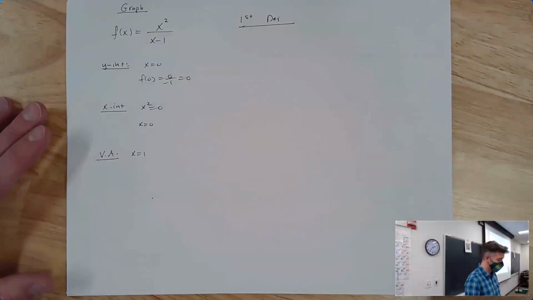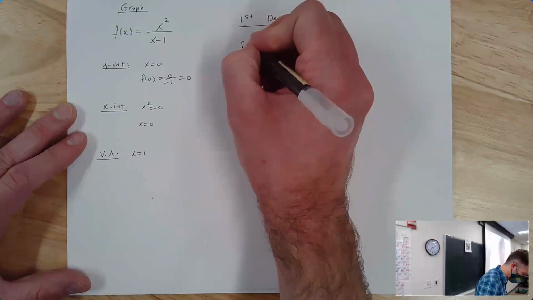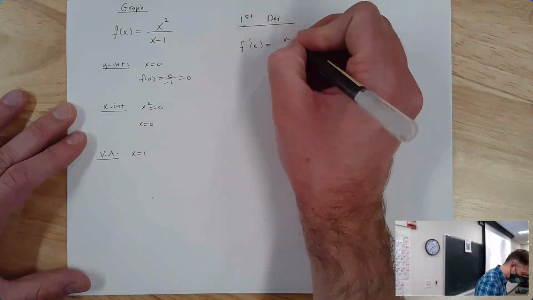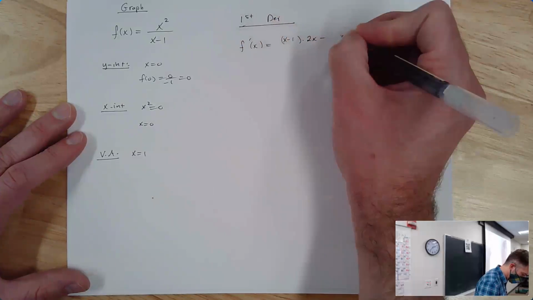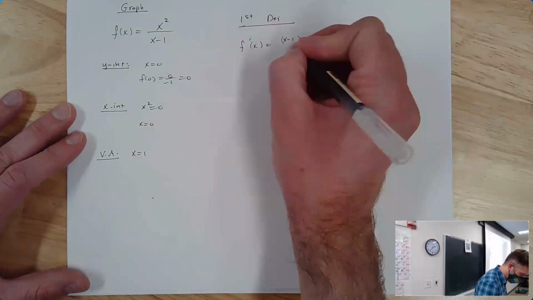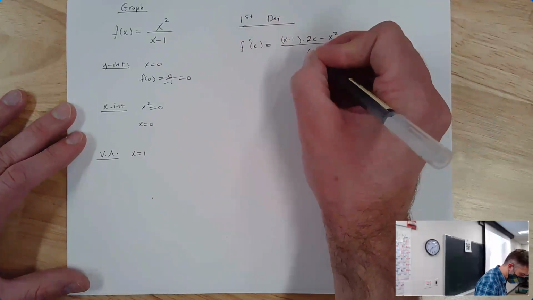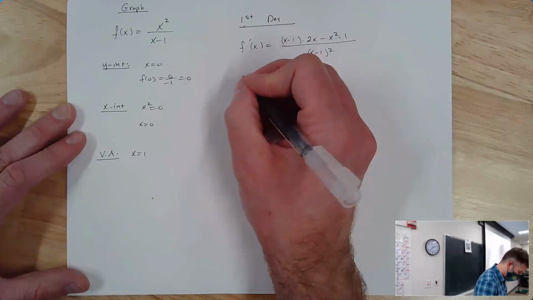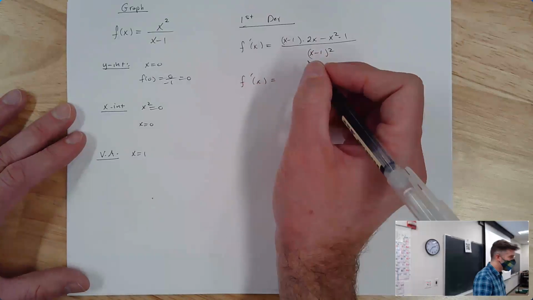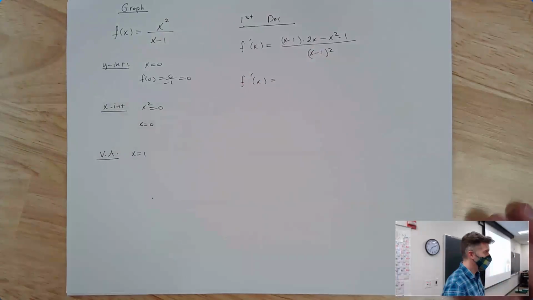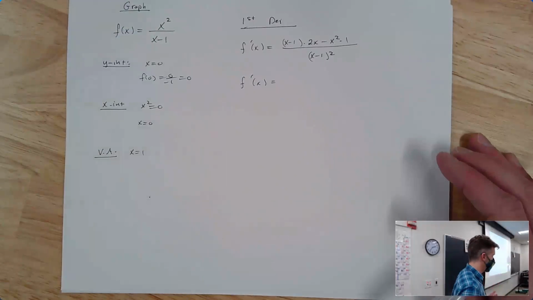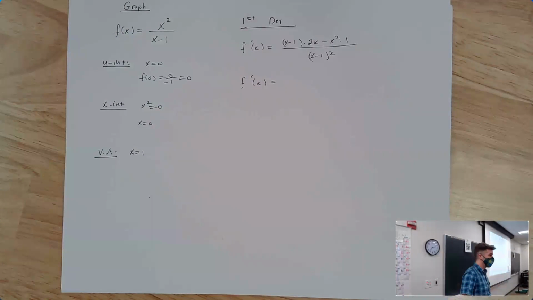To find the first derivative, you can use the quotient rule. It's going to be the bottom times the derivative of the top minus the top times the derivative of the bottom over the bottom squared, which is going to be, you do want to simplify these. So definitely when you're finding first derivatives and second derivatives and you're graphing stuff, you need to simplify so that you can find where you have critical values.